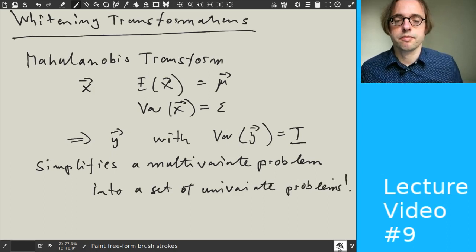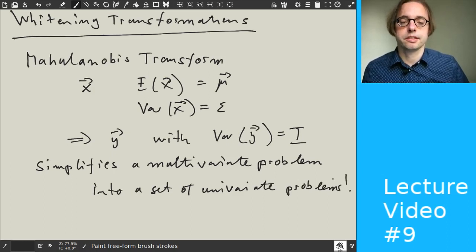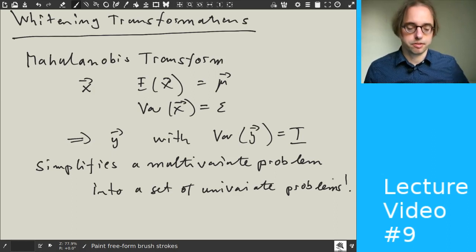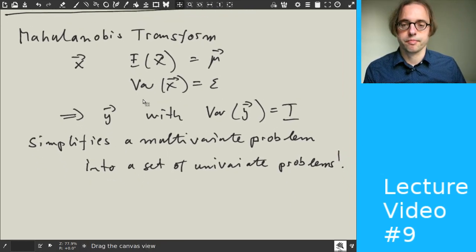Because let's say we have d dimensions, so suddenly instead of one d-dimensional problem we have d univariate problems, and that is often much simpler to analyze than the multivariate problem with correlation.